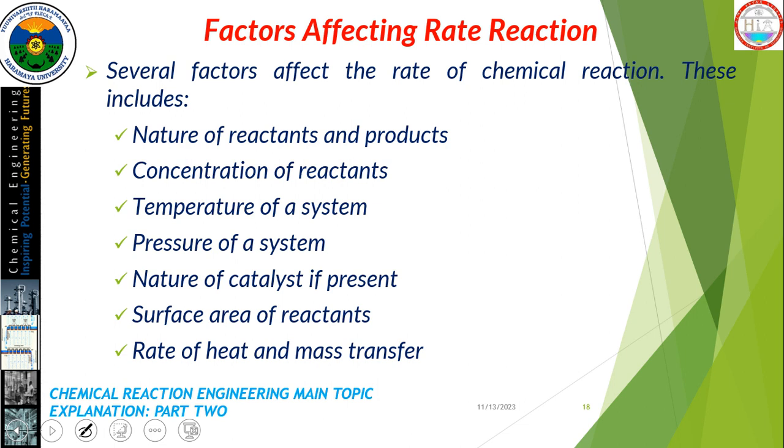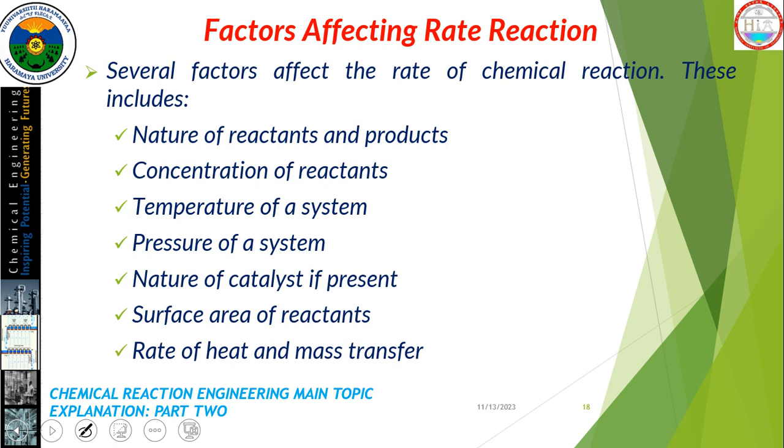In this regard, there are factors that affect the rate of the reaction. From the above explanations, we can understand that the rate of the reaction is affected by several factors, like the nature of the reactants and the products, the pressure of the system, the temperature of the system, the surface area of the reactants, the rates of mass as well as heat transfer, as well as the nature of the catalyst if it is present.